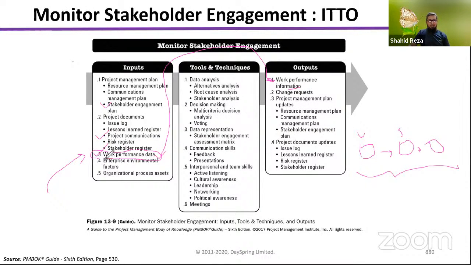So when you see work performance data in the input, in the output you will see the second thing. That means from that data you are creating formalized information. That's why it is known as work performance information. In some processes you will see work performance information as input. When work performance information is input, you will always see work performance report in the output.